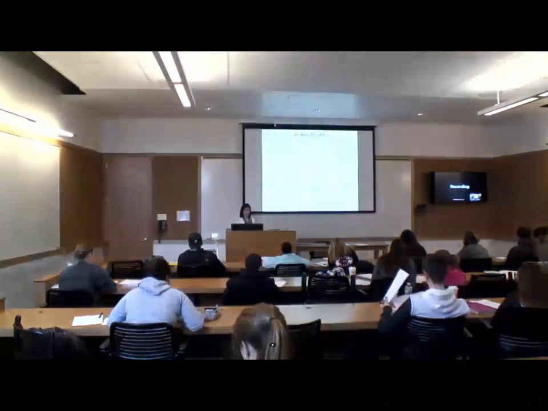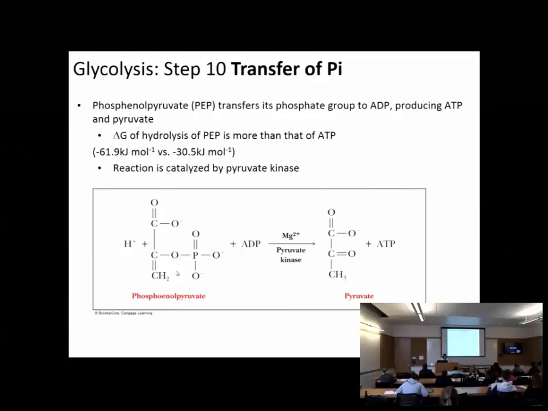PEP, a very, very angry molecule. Why do I say that it's angry? Because when it gets rid of this phosphate, it is going to give off negative 61.9 kilojoules. That is a huge waterfall. To take and cleave this phosphate off, to go from PEP just to pyruvate.